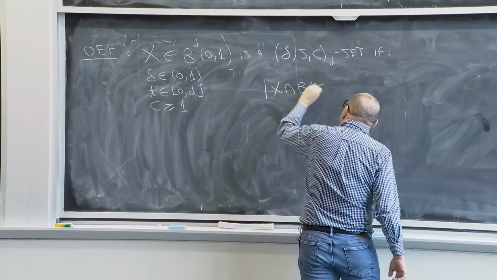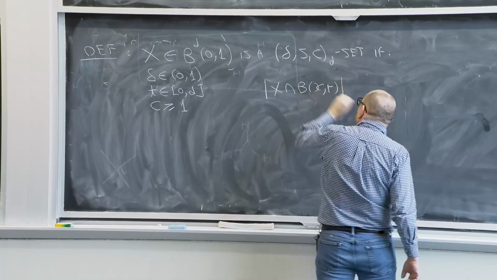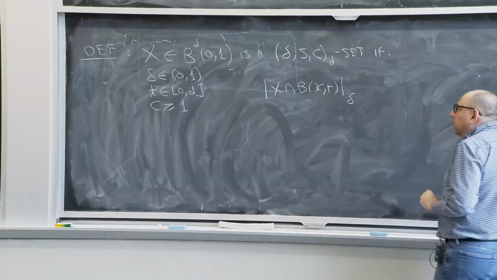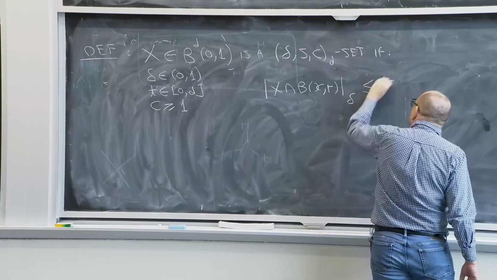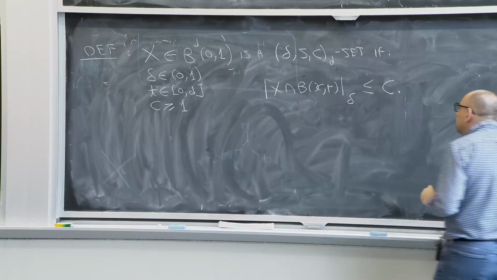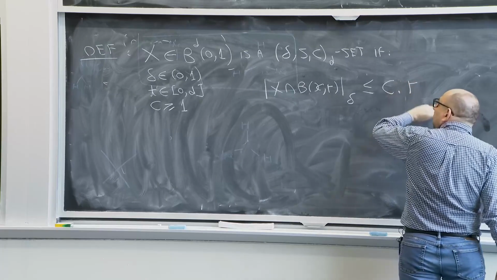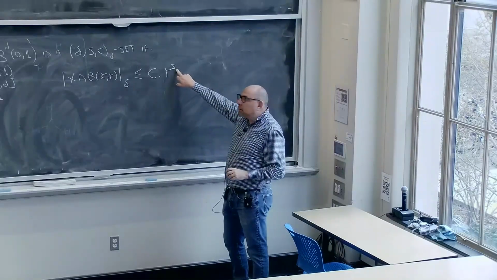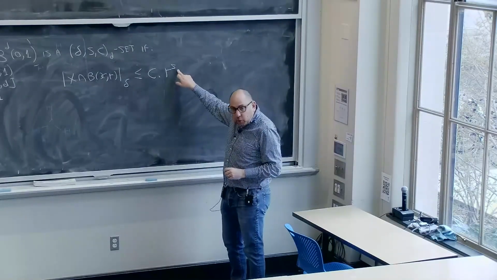So if I intersect X with the ball and measure it by the delta covering number, this is at most C, the tolerance, the leeway that I have, times r to the s. So s measures the degree of non-concentration.